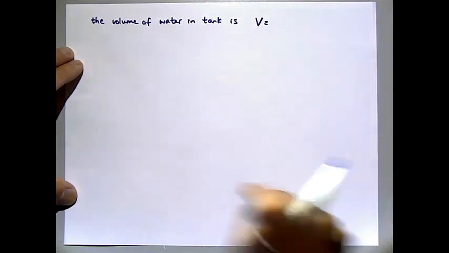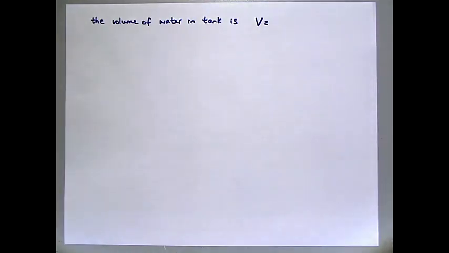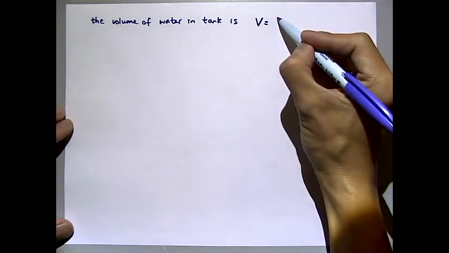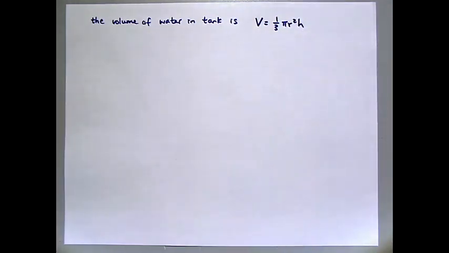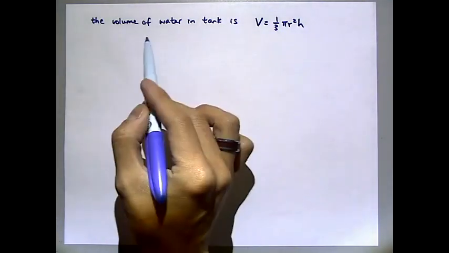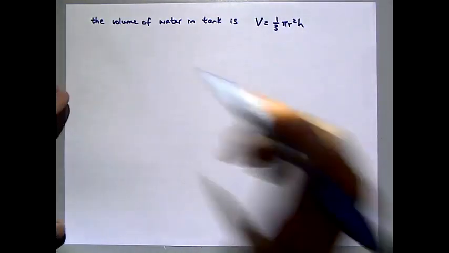So who knows the equation for the volume of a cone? One over 3 pi r squared h. Good. Now that's the kind of equation that, if this problem were to show up on the exam, we'll give it to you. We don't want this to be the reason why you can't solve the problem on the exam. So it's good if you know that, but if not, on the exam, you'll get that equation. That's the volume of the water in the tank.